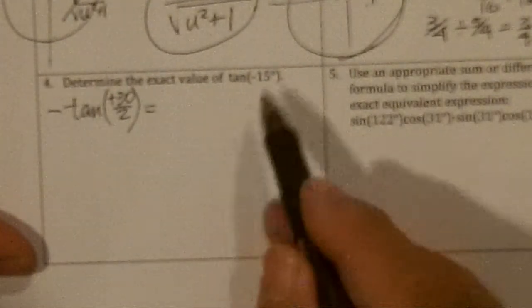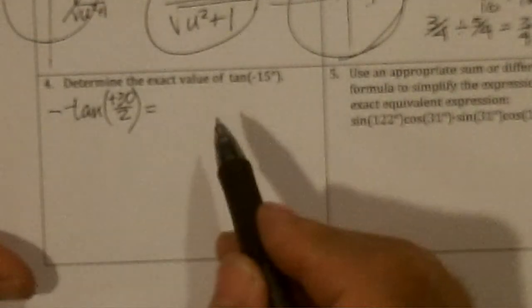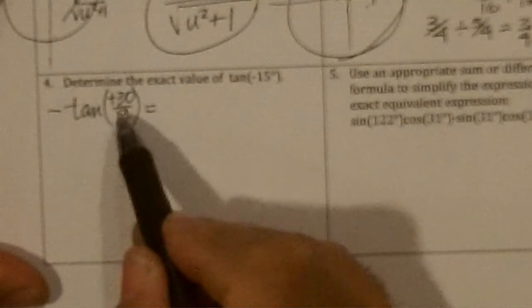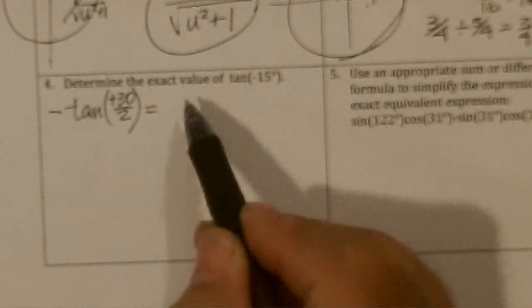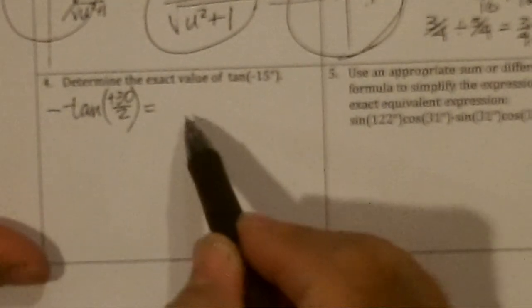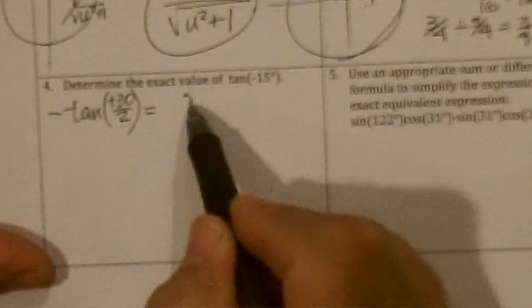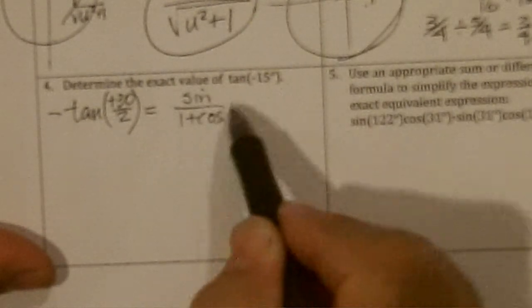And the half angle formula for tangent, let's see, there are several there. Remembering, so it's sine over cosine, so it's minus over plus, so it would be sine over 1 plus cosine of 30.